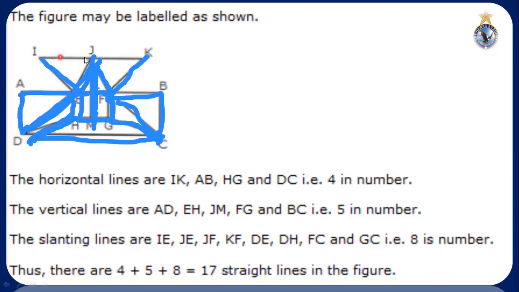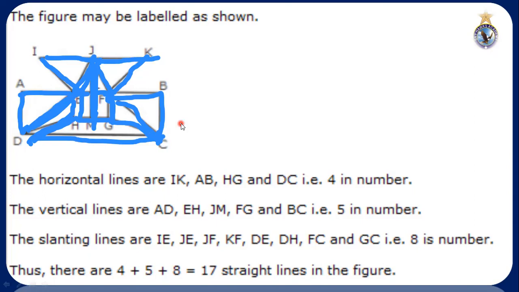So if you label this, IK was the first horizontal line. So where is the 18th line? At that time, there must be a duplication in your counting. Anyhow, if this type of diagram is there, you will have to utilize your visual skills. This is a very important part of thinking.